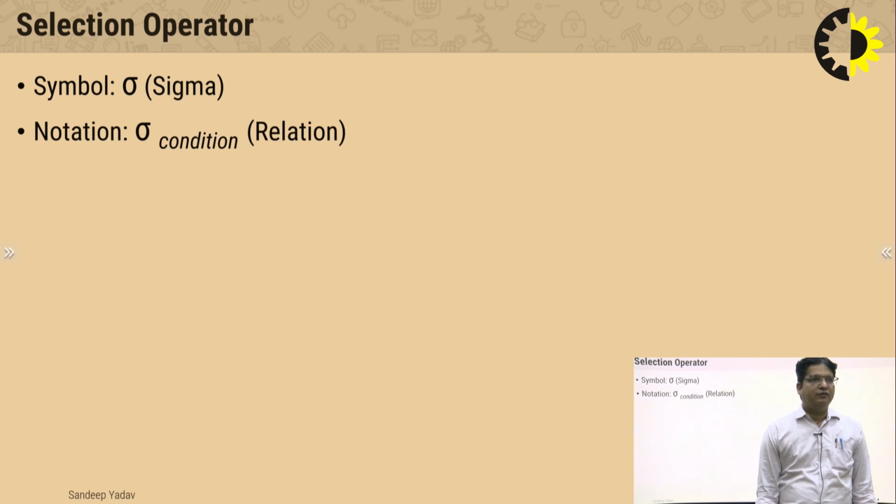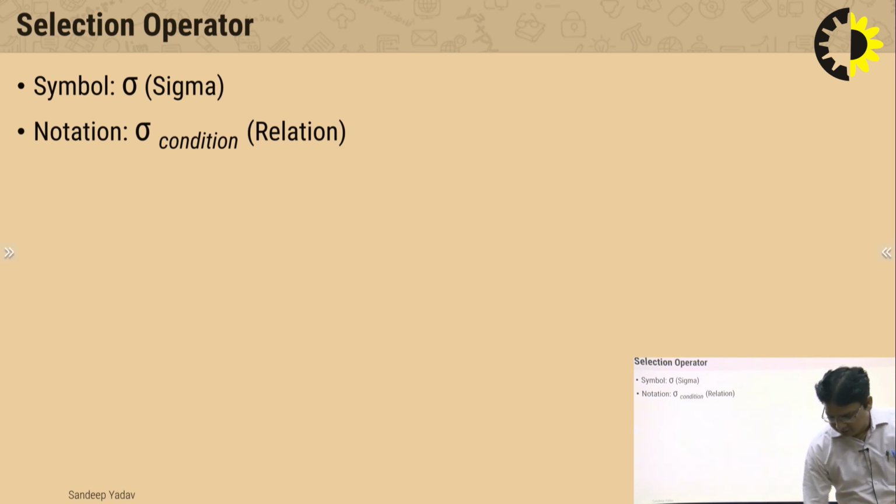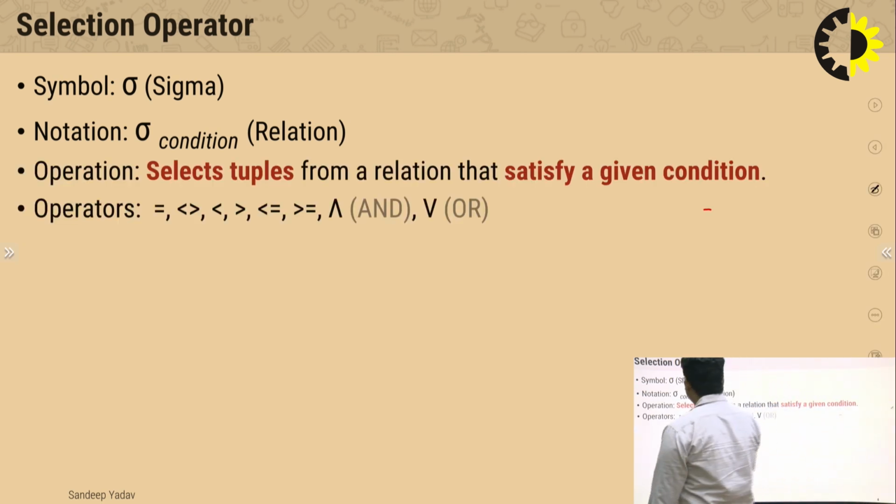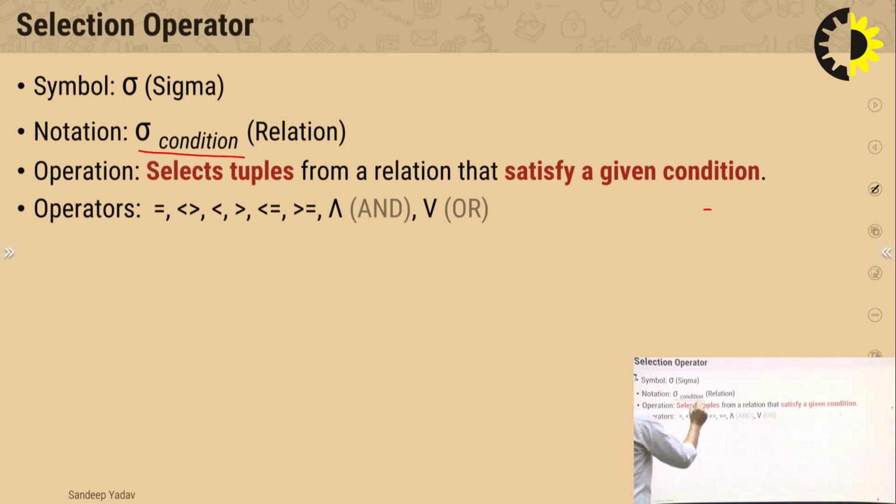First of all, we will be studying the selection operator, which is denoted by the operator sigma. This is the notation, with the condition here followed by the name of the relation.